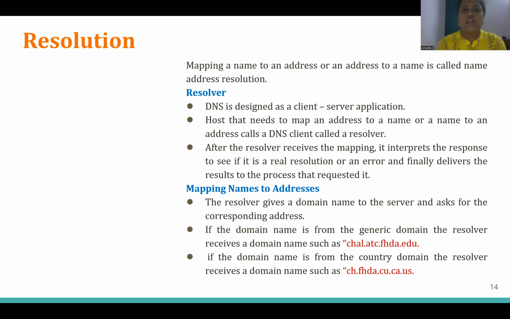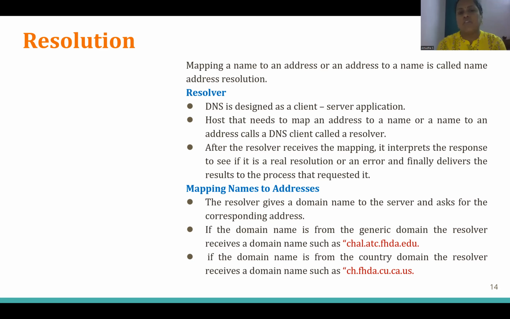Next, resolution. We are going to map a name to an address or an address to a name, which is done by means of name-address resolution. For that, we use a component called the resolver. DNS is designed as a client server application. A host that needs to map an address to a name or a name to an address is called a DNS client, called a resolver.